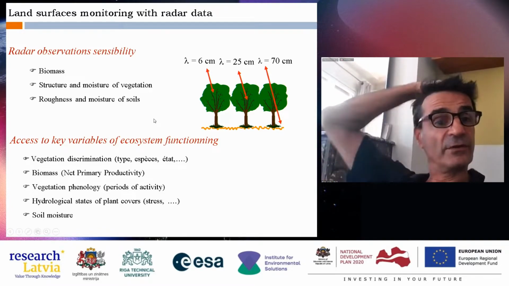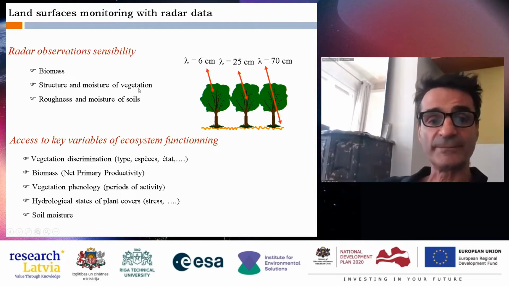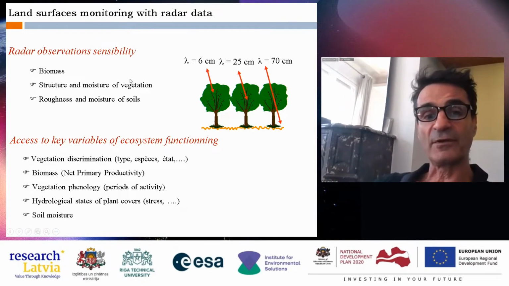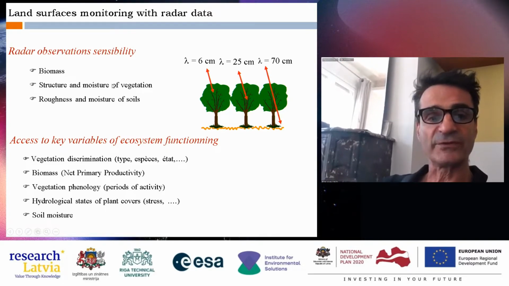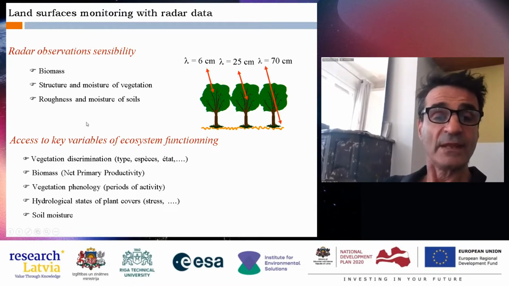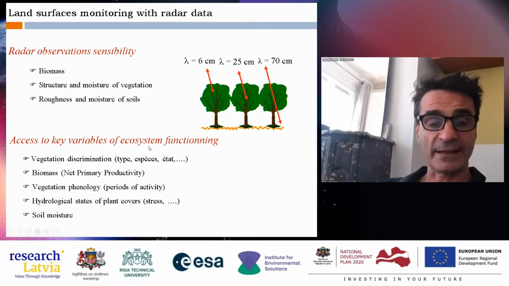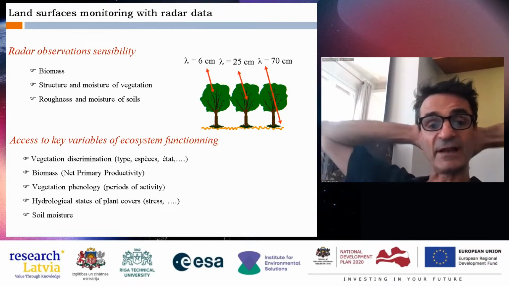So the radar observation is sensitive to biomass, structure and moisture of vegetation, structure above all with polarization, and moisture because radar is sensitive to moisture, and to the roughness and moisture of soils. So with radar, you get access to key variables.